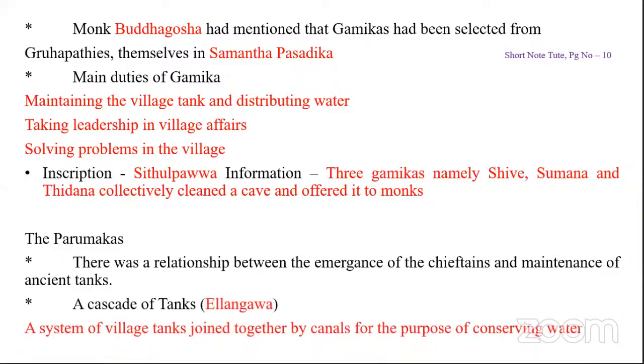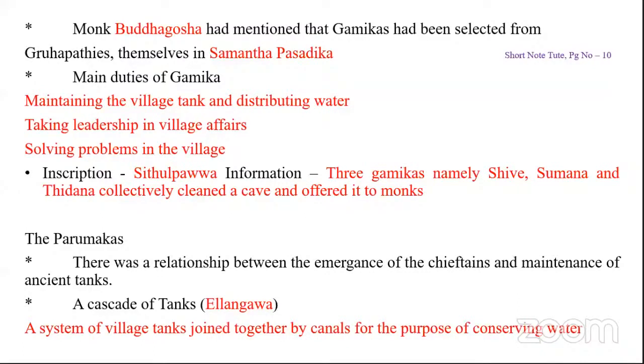So what is a cascade of tanks? It's known as Ellangava: a system of village tanks joined together by canals for the purpose of conserving water. Why did they interconnect the village tanks? There were some large village tanks and some small village tanks. During the dry period, some small village tanks dried up.